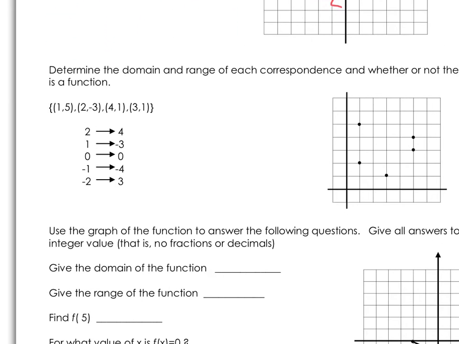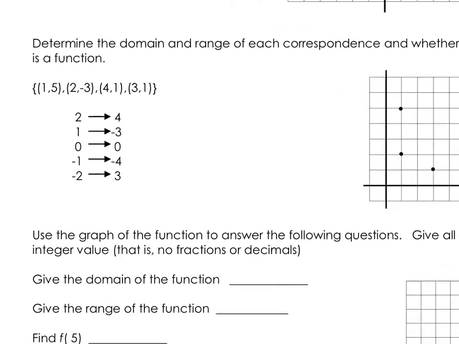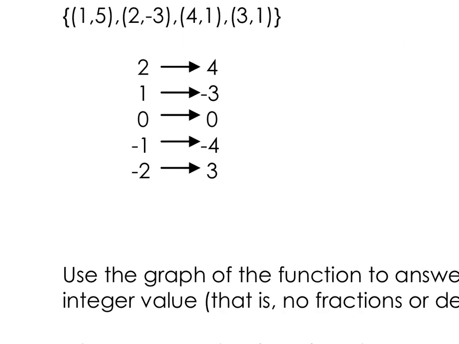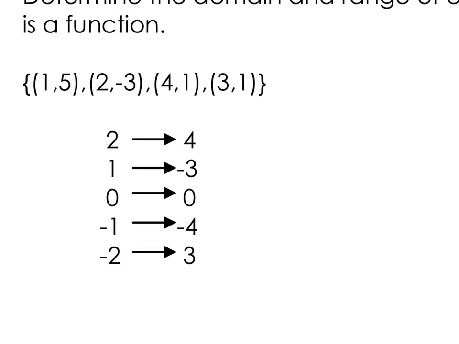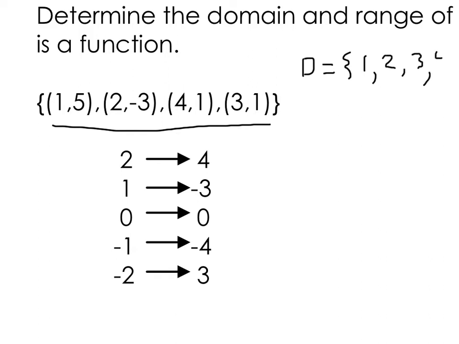Next example, we're supposed to determine the domain and range of each correspondence and whether or not it is a function. So we have two examples here. The top one, domain, what are all possible x values in these sets of ordered pairs? So it looks like x is 1, we'll put them in order, 2, 3, and 4.